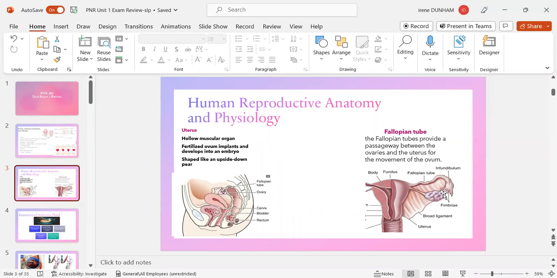So that ovum is released, and then it comes right here, and it's called the ampulla of the fallopian tube. Write this down. Fertilization occurs. That's where the sperm traveled up to the fallopian tube and met that egg over here. And then that's called the ampulla, and that's where fertilization occurs.